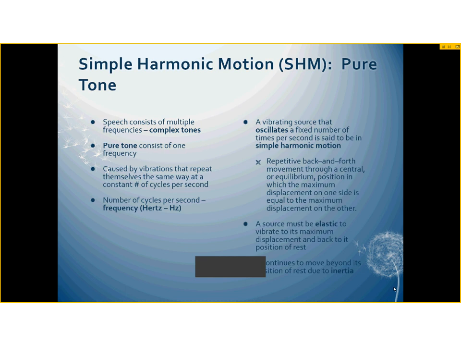In order for a source to vibrate, it must be elastic, meaning that no matter how far it's moved or displaced from its original position of rest, it must be able to return to that position of rest.